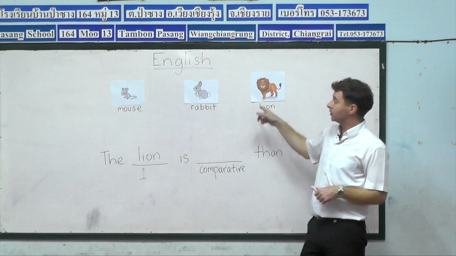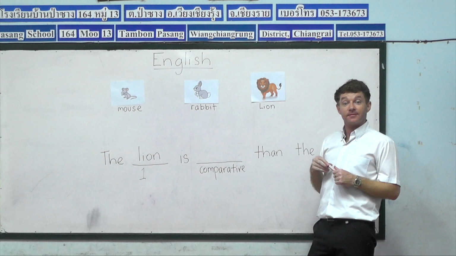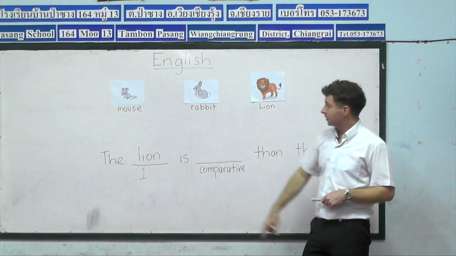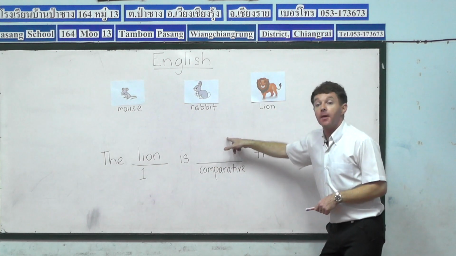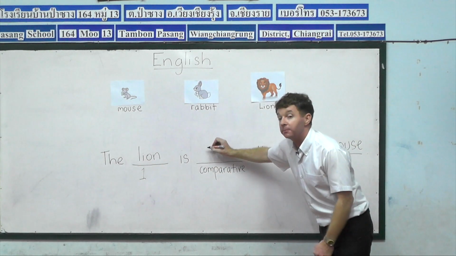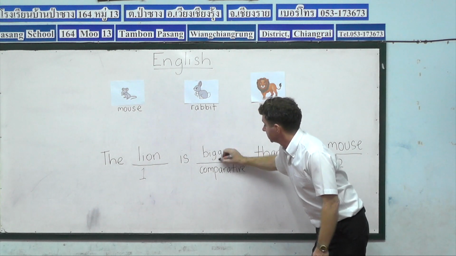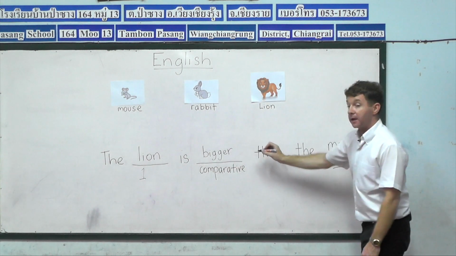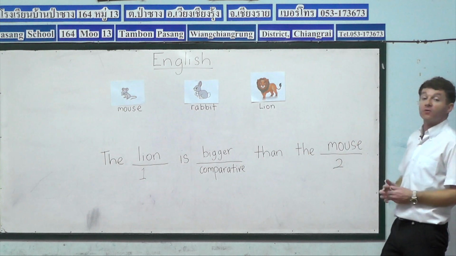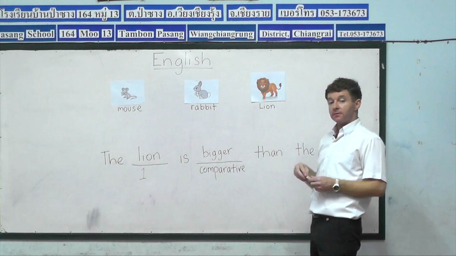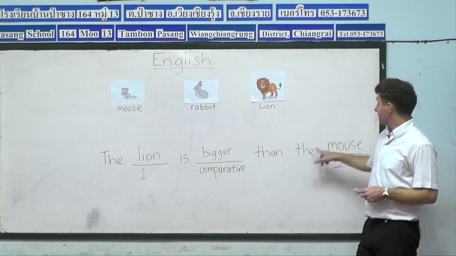Is the lion smaller than the mouse? No. What is it? Bigger. So the lion is bigger. How do we spell bigger? Bigger than the mouse. Altogether, the lion is bigger than the mouse.